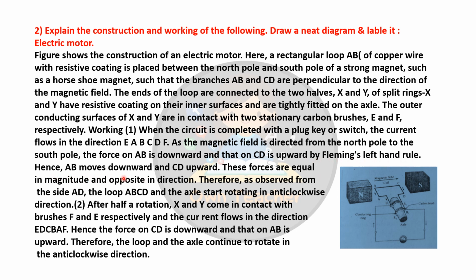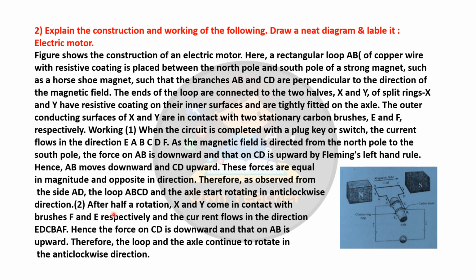Hence, AB moves downward and CD upward. These forces are equal in magnitude and opposite in direction. Therefore, as observed from the side AD, the loop ABCD and the axle start rotating in anticlockwise direction.